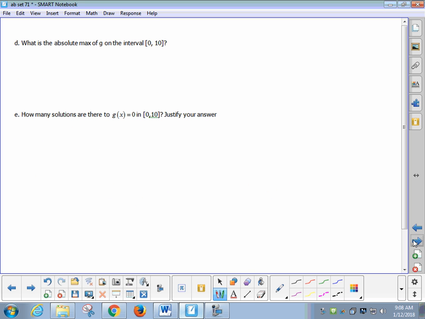This was a tough one, so I felt like I could help you a little bit here. I'm focusing on D, but I used A. Now, where's my key to this? Okay, if you did absolute max with a clue, then you should have had that G of 0 was negative pi over 4, G of 2 was pi over 4, G of 6 was negative 7 pi over 4, and G of 10 was negative 7 pi over 4 plus 8.